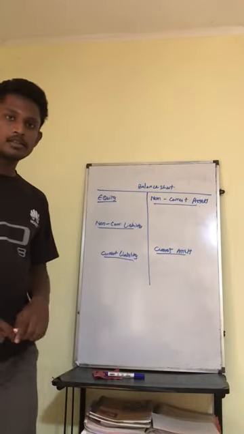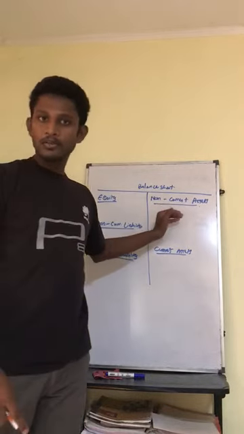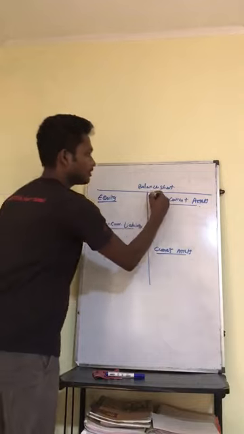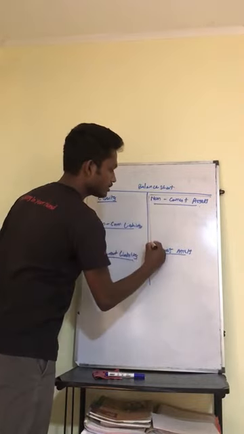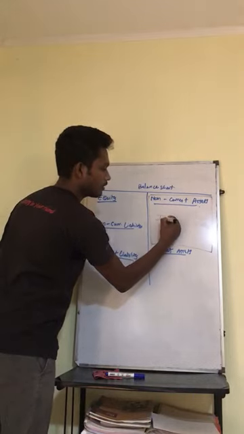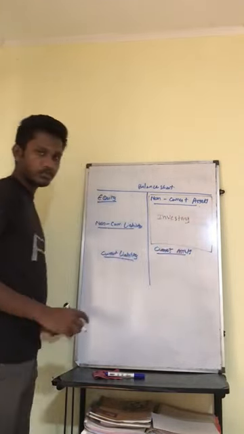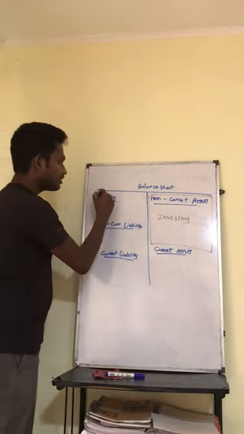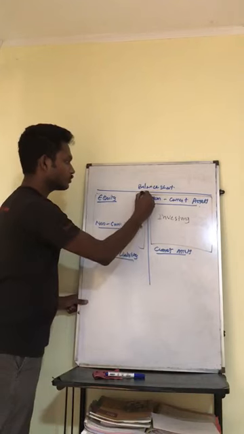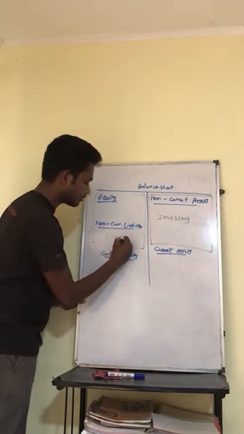Under non-current assets, it includes property, plant and equipment, fixed deposits and other investments. Changes in those should be recorded under investing activities, right? And the changes in equity and non-current liabilities should be recorded under financing activities.